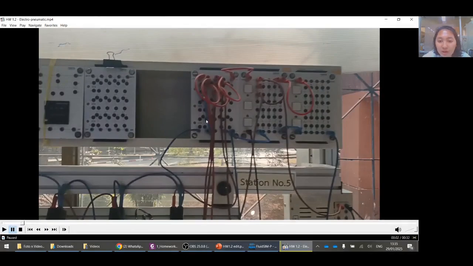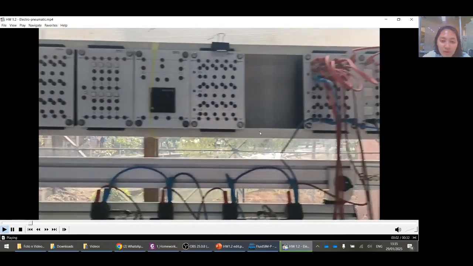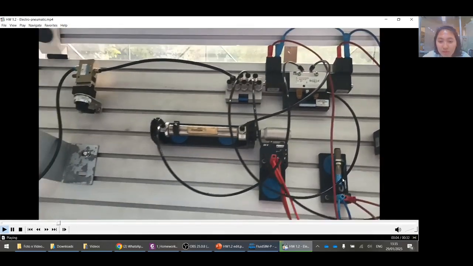This is the relay that I used in here. This is the push button. This is the relay. There are normally open and normally closed contacts in this relay and also the coil. And then this is the manifold. This is the double solenoid valve.